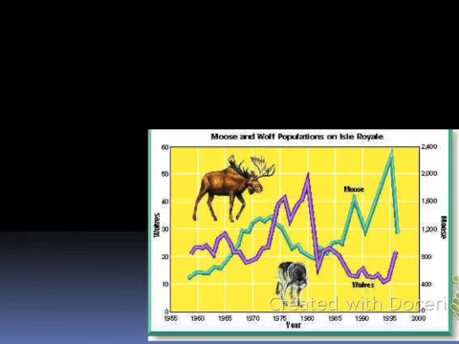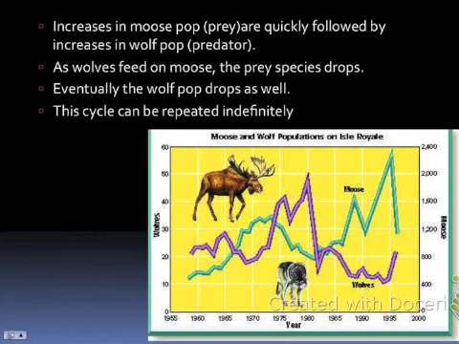What we have found over time, as you can see by the chart, is that as the moose population in green peaks, shortly following that peak, look at that, there is a peak in the wolf population as well, right? So here's my moose population starting to peak, and then the predator has a nice big boom in population on the purple line.